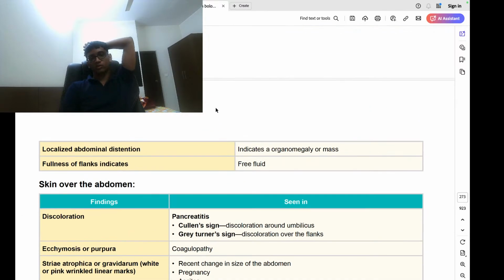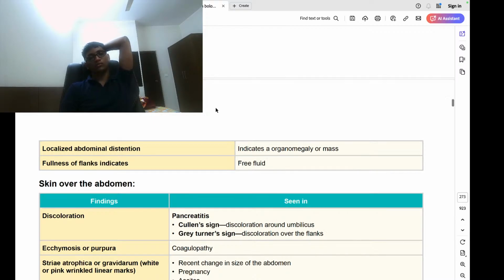Localized abdominal distension indicates organomegaly. Fullness of flanks indicates fluid.